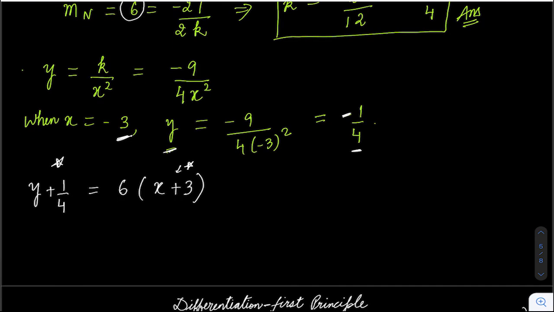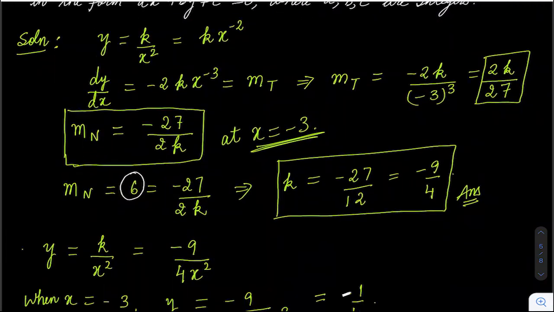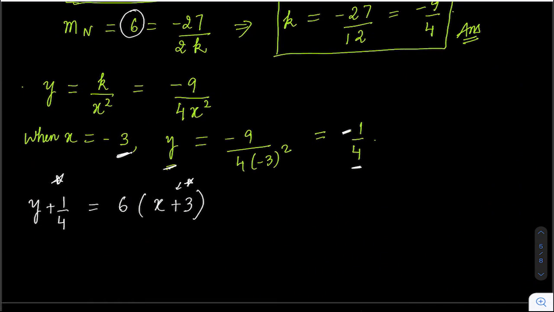So my answer is, we have to write in which form? ax plus by plus c. Okay, so let's multiply everything by 4. So I will get 4y plus 1 equals, I am multiplying by 4, so it becomes 24x plus, this is 18 into 4 is 72.